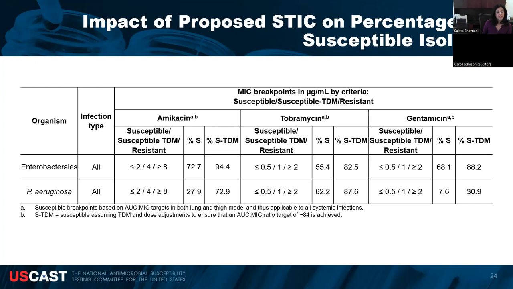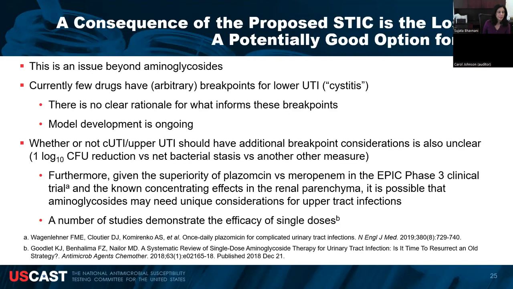For tobramycin, 62 and 88%. And for gentamicin, as we were talking about earlier, it's really not a SUD drug at all, with less than 10% susceptible. And even with STDM, it still would be a poor option. So this is the implication of the breakpoints that could be finalized and deemed our final at this juncture based on the 1 log endpoint and STDM.